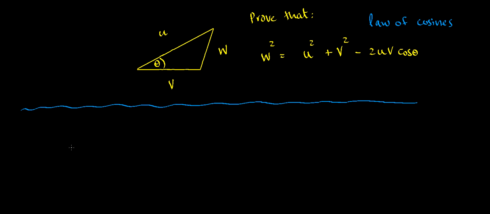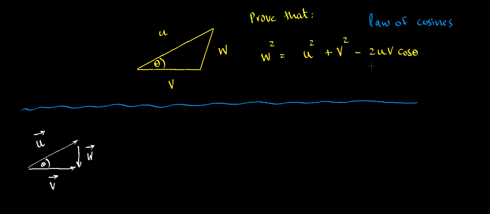So we've been talking about vectors, so this should give you a hint that we're going to be using vectors to solve this problem. So instead of line segments, I'm just going to draw a vector u, and instead of segment v, I'm going to have a vector v, angle theta between them, and then there's a vector w over here.